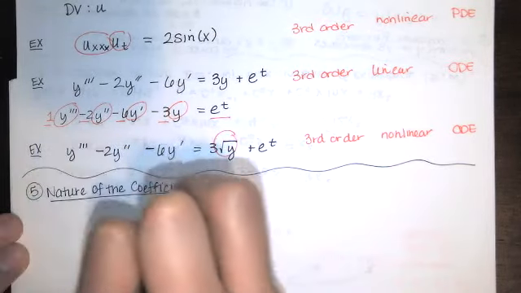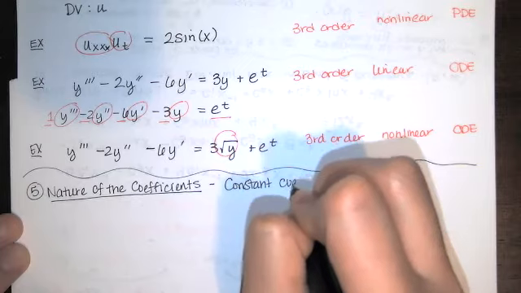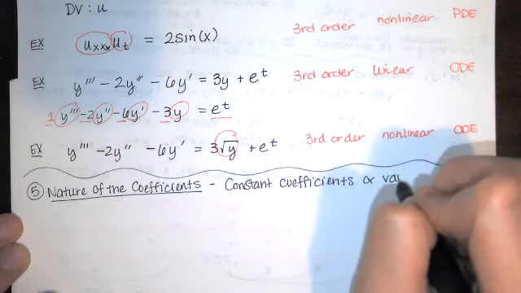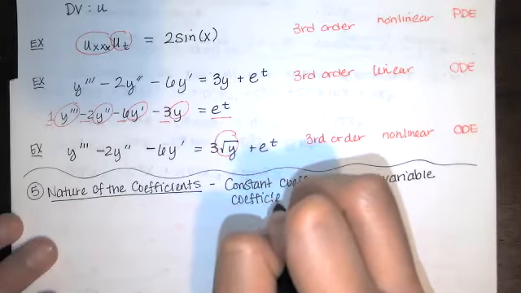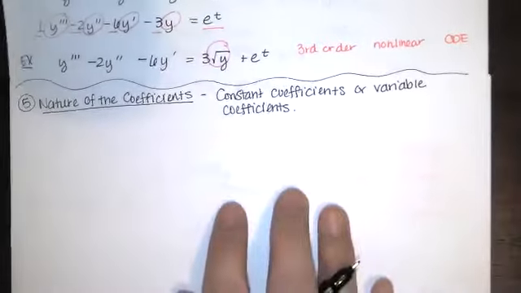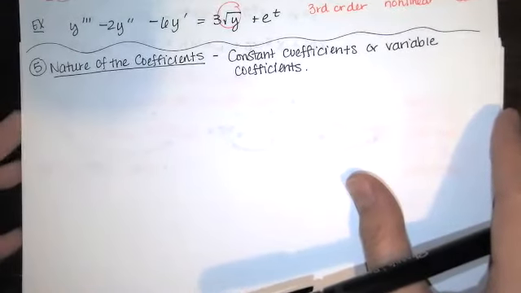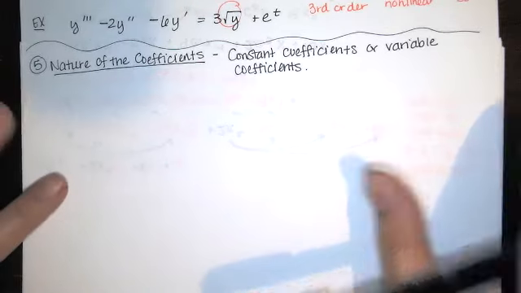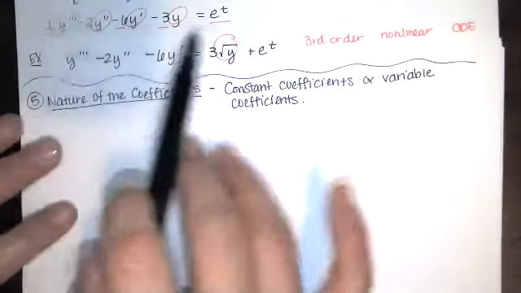A differential equation generally has constant coefficients or variable coefficients. Actually, let's just look at this example right here.